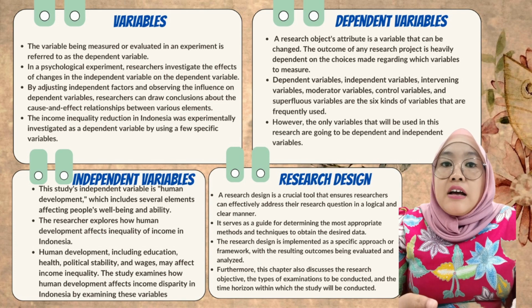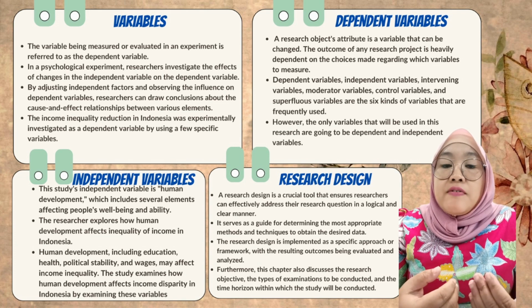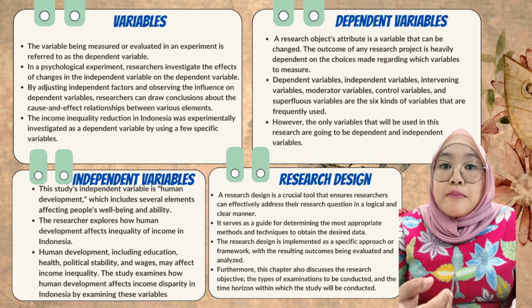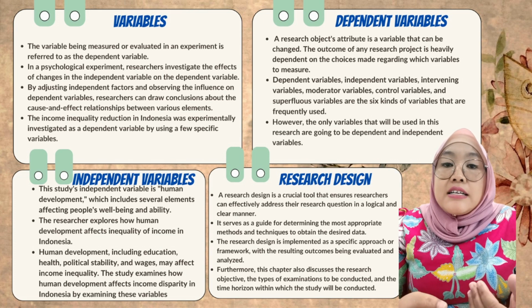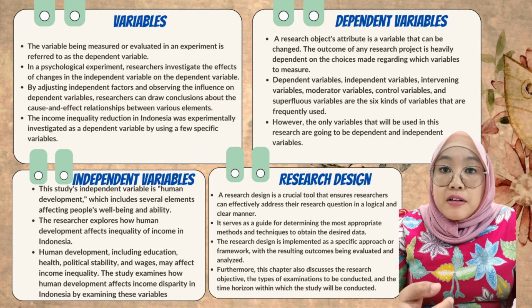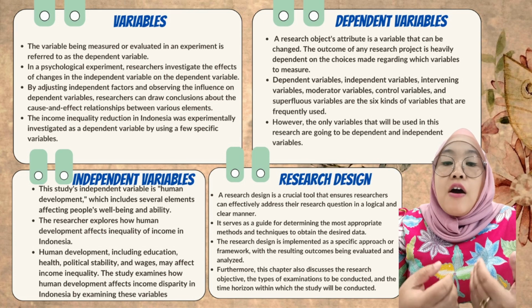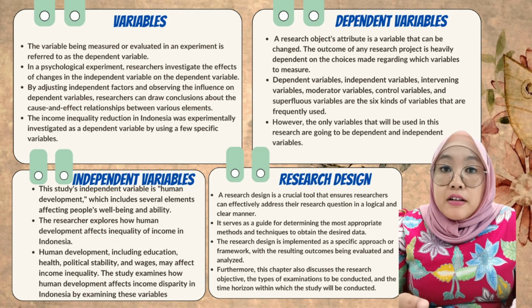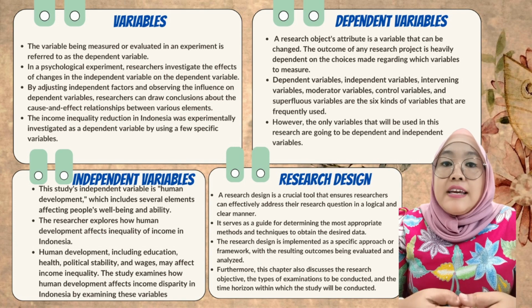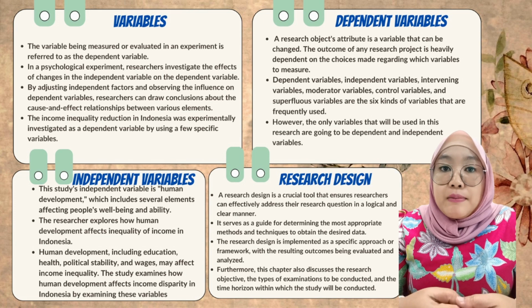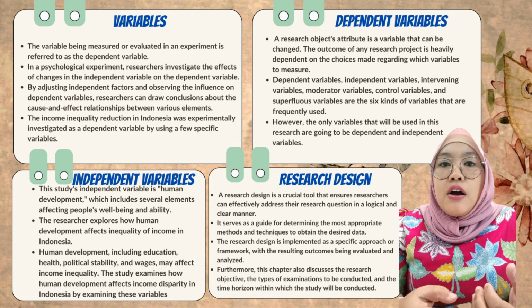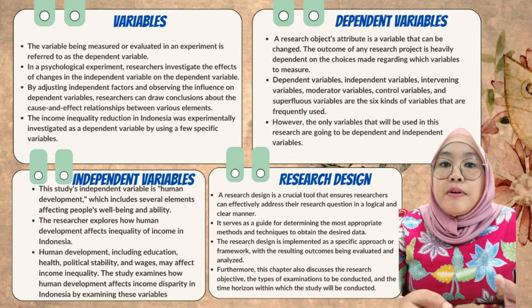Dependent variables, independent variables, intervening variables, moderator variables, control variables, and superfluous variables are the six kinds of variables that are frequently used. However, the only variables that will be used in this research are dependent and independent variables.